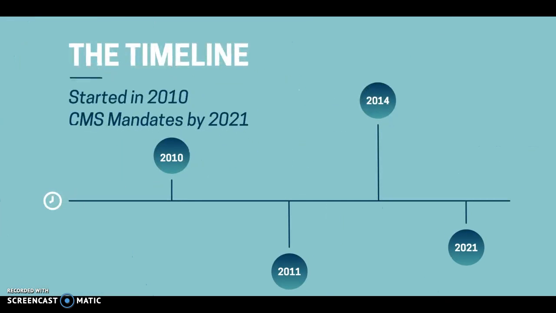So a quick little timeline about the EHR and what was the big push behind all this to help collect all this data. It was started in 2010. And the Centers for Medicare and Medicaid Services, CMS, mandates that all institutions have implemented an electronic health record by 2021. So they've given roughly a 10 to 11 year period, with subsidies to help implement these electronic health records so the data can be there.